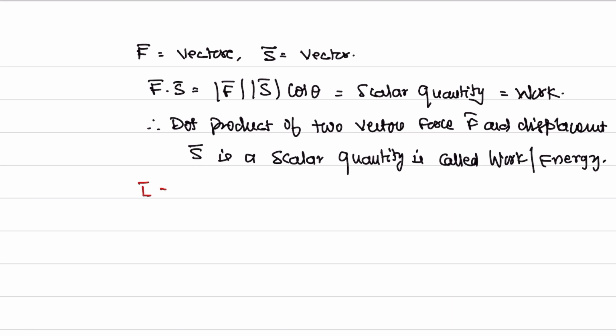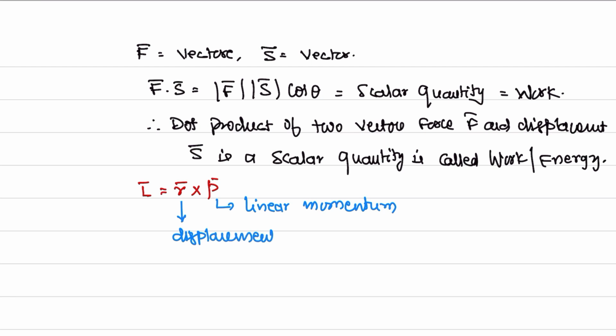L is equal to R cross P, where P is the linear momentum, R is the displacement, it can be the radius, and L is the angular momentum.